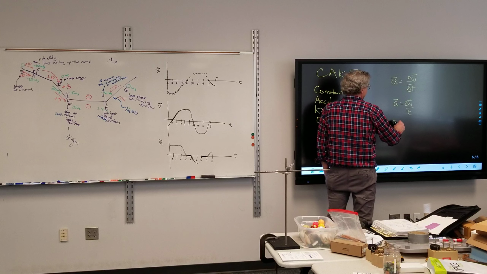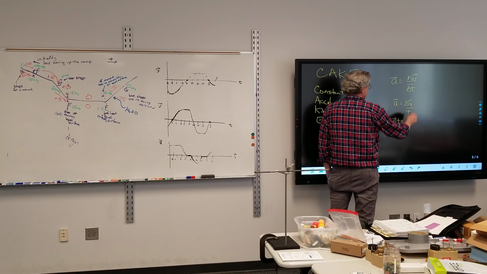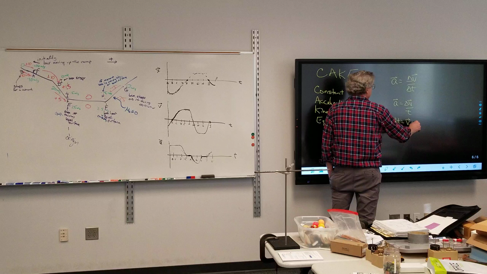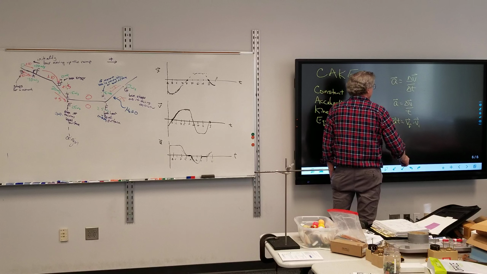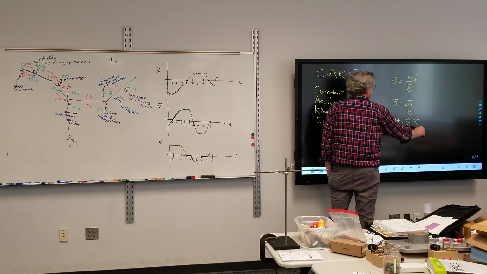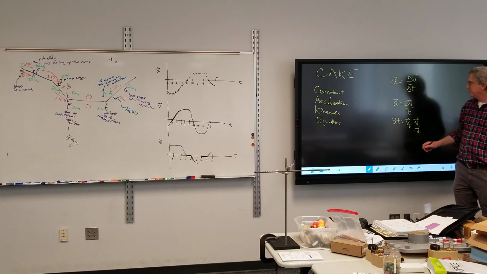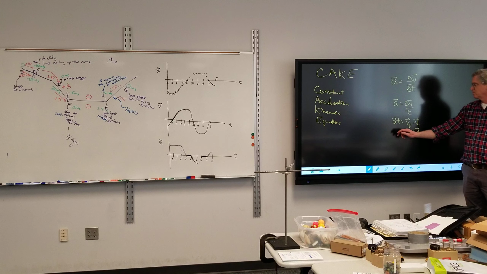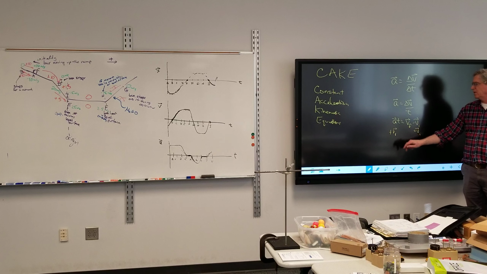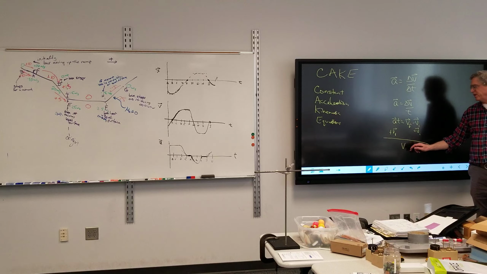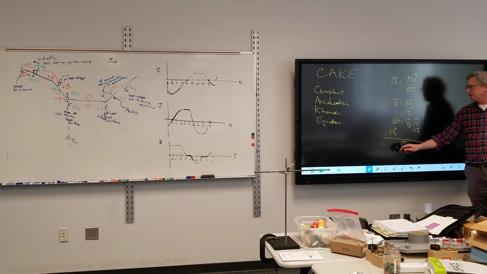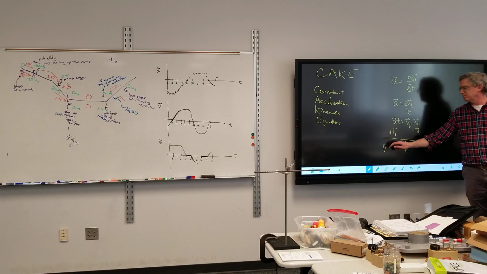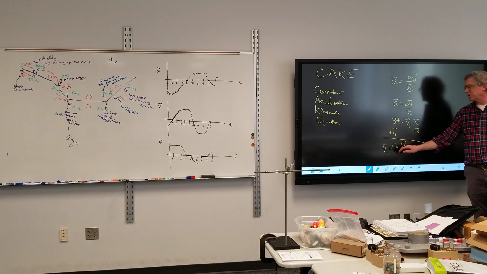Multiply both sides by time, I get acceleration times time is the change in velocity, which is final minus initial. I add the initial velocity to both sides. What I'm left with is my final velocity is equal to my initial velocity plus acceleration times time.